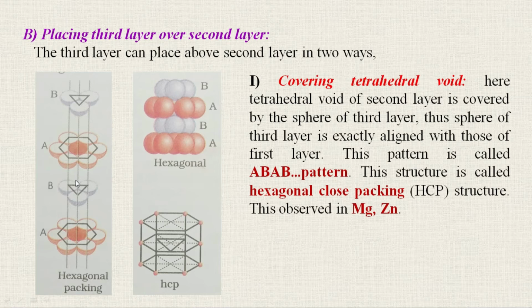When I keep a third layer over that, so that this sphere covers the trigonal void, then as we can observe here, this third layer is similar to the first one, and the fourth layer is similar to the second one. So we get an AB pattern of close packing structure, and this particular close packing structure is called hexagonal close packing structure, that is called HCP. This structure is commonly observed in magnesium and zinc.